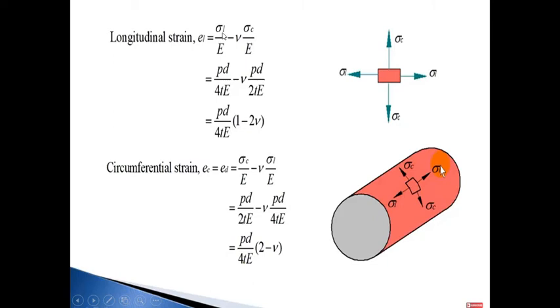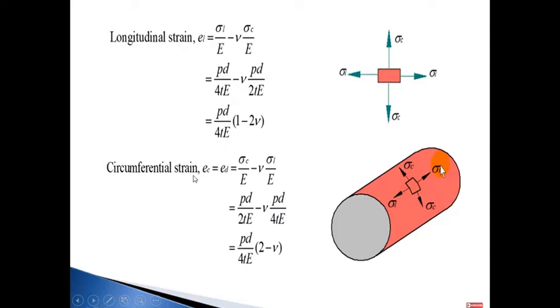The longitudinal stress formula is PD divided by 4T, circumferential stress formula is PD divided by 2T. So you can apply the formula in this equation and simplify. Taking PD divided by 4TE common, what will we get? PD divided by 4TE into (1 minus 2V).